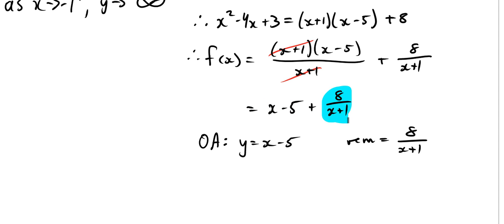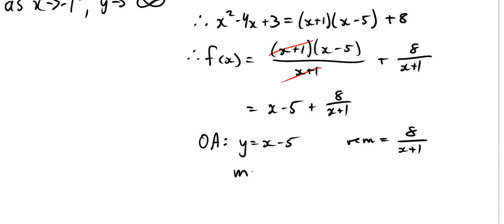Otherwise, it basically looks like that line. When x is really, really big, this is going to be 0. And so the graph will be slightly above or slightly below if you're adding or subtracting, depending on whether it's positive or negative, but otherwise it basically looks like this. So that's why that remainder part is really important.